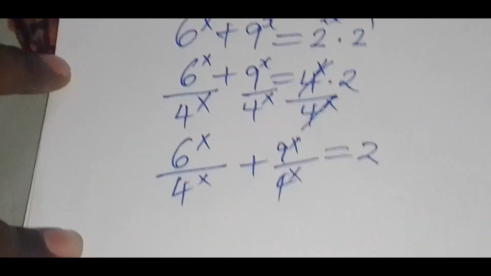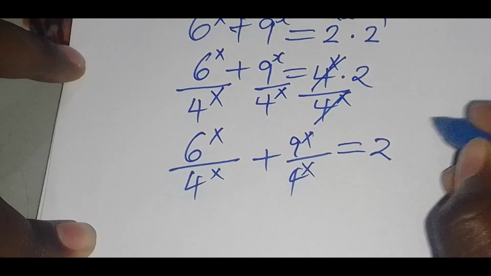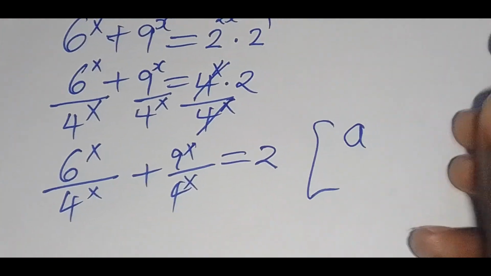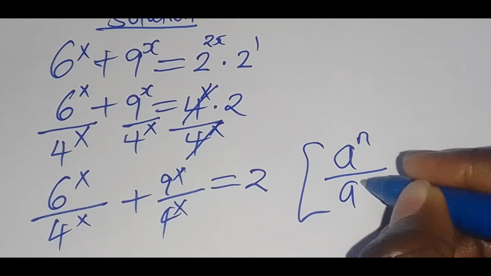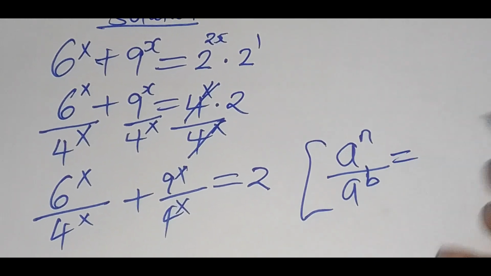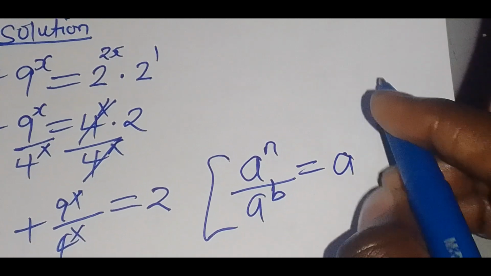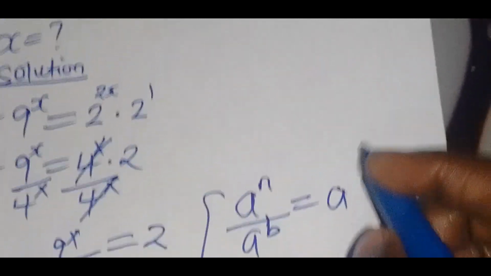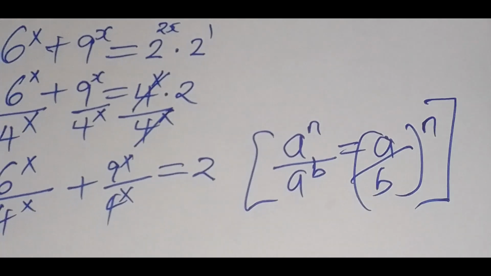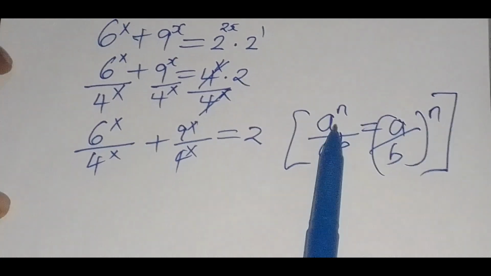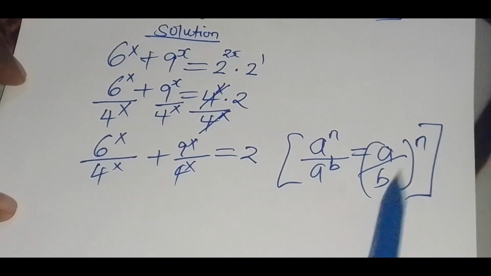Alright, now given that we have the rule of indices identity that states that a raised to the power n divided by b raised to the power n can be written as a over b raised to the power n.